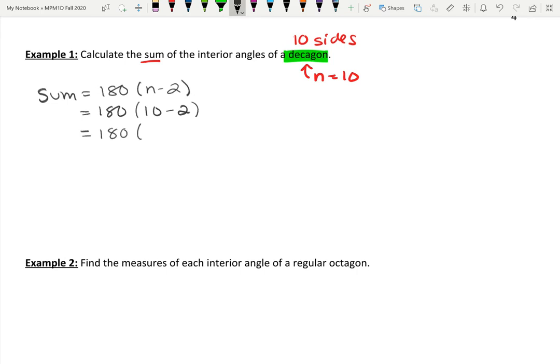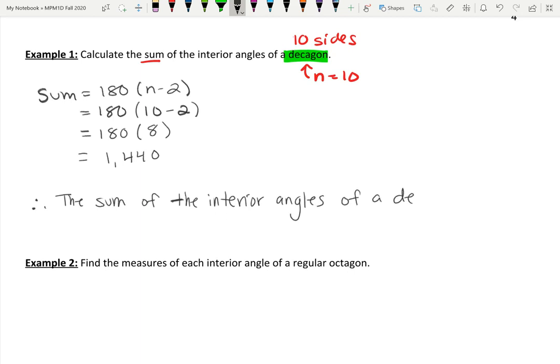Simplify my brackets, and then multiply by 180. Therefore, the sum of the interior angles of a decagon is 1,440 degrees.